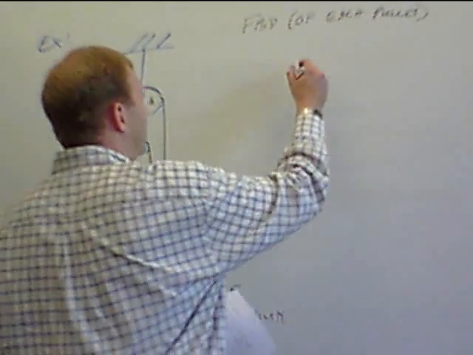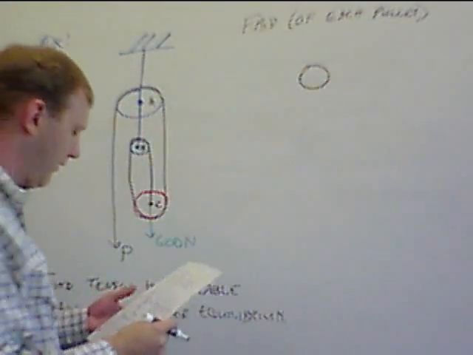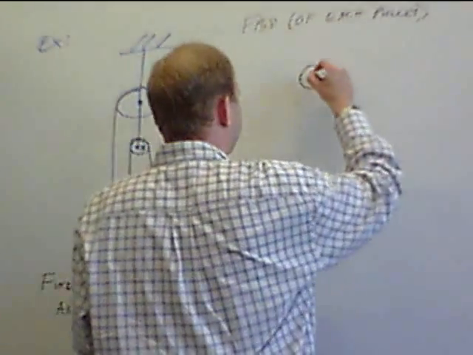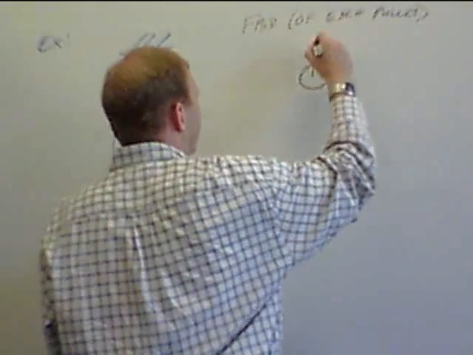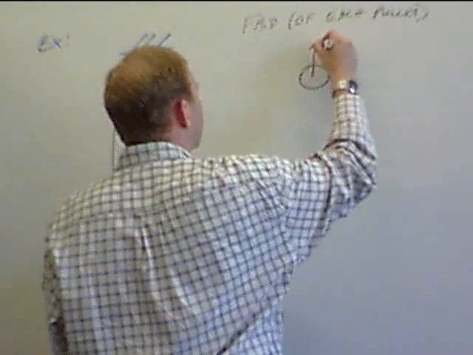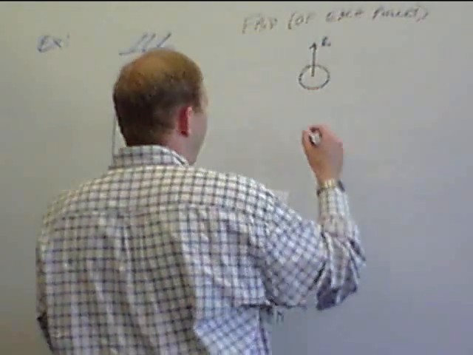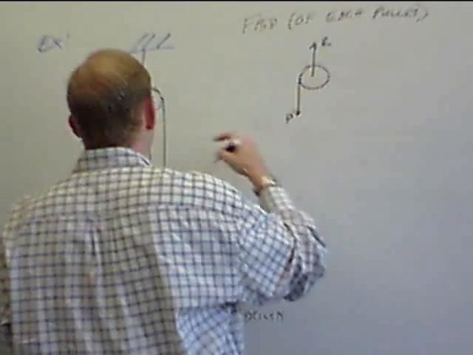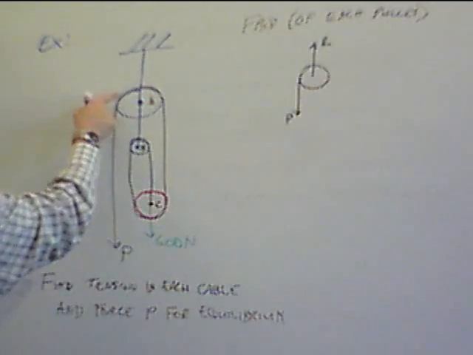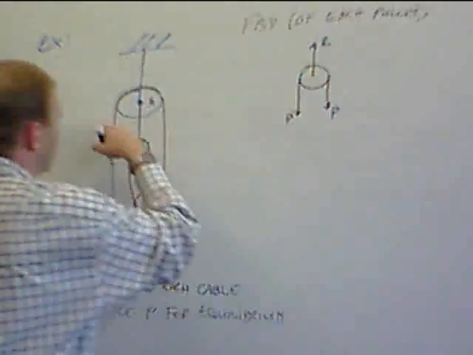So for pulley A, we're going to have support up here, that's the one hanging from the ceiling, call that the reaction force R. We have force P pulling down on this edge, and force P also pulling over here.